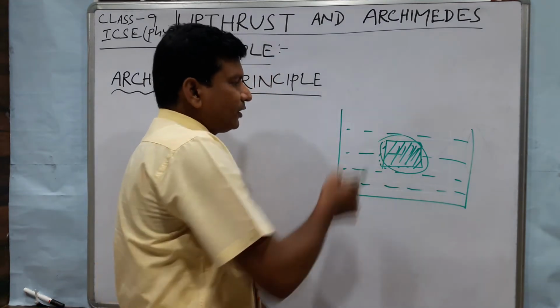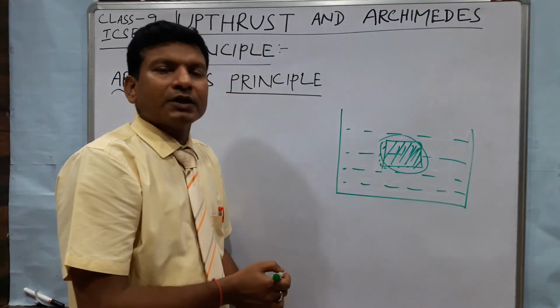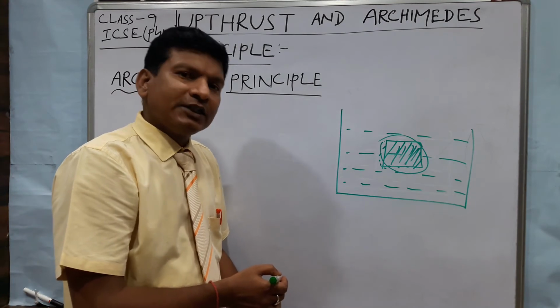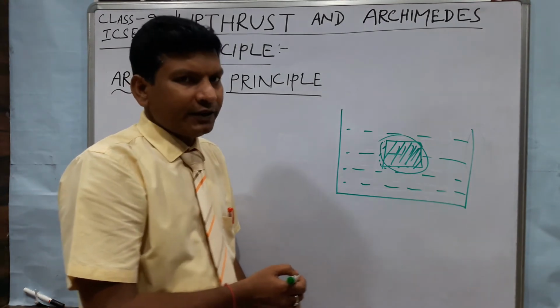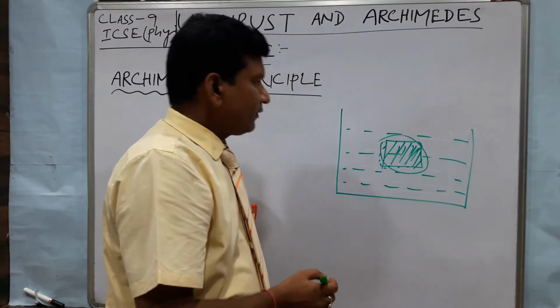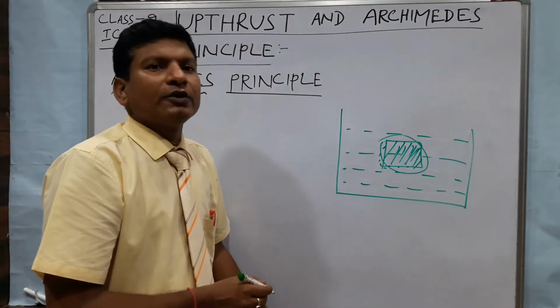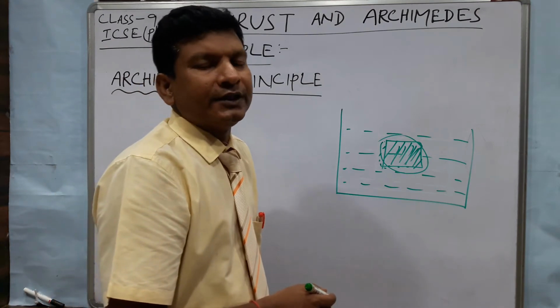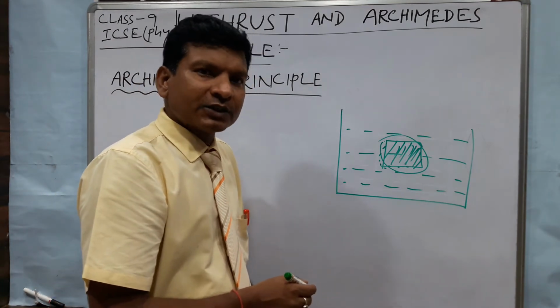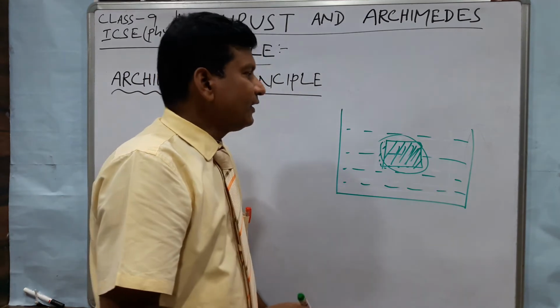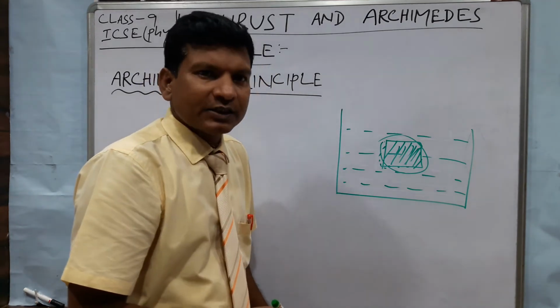So therefore the volume of the submerged part of the body is equal to the volume of the liquid displaced. So therefore we may say the upthrust is equal to the weight of the liquid displaced by the submerged part of the body, and this is the Archimedes' principle.